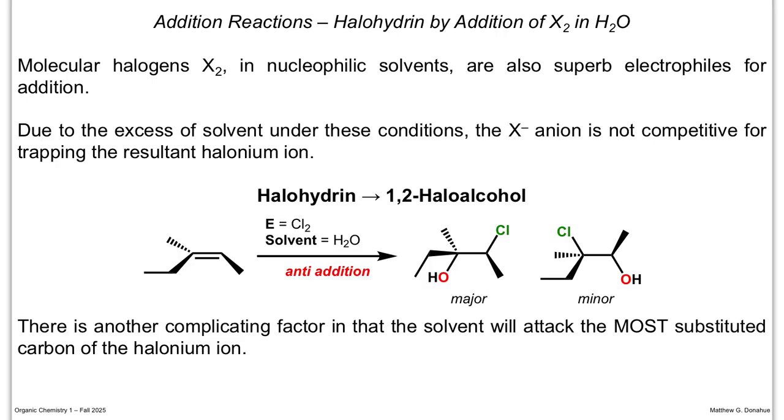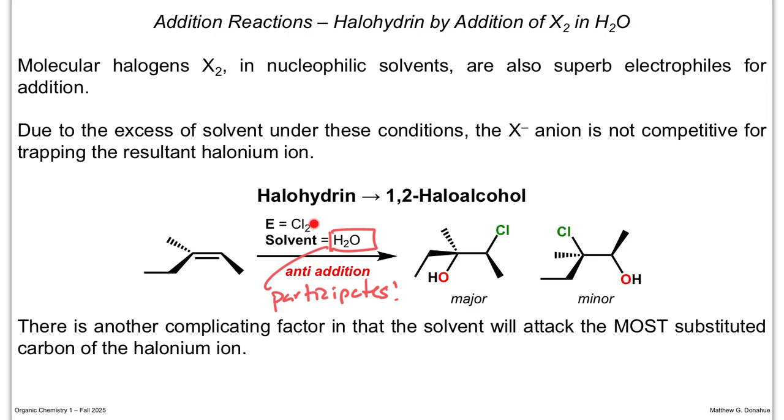So that was X addition in a non-participating solvent. What if you have a nucleophilic solvent, something that's protic, so either water or an alcohol? Now there's competition where the solvent can trap the carbocation intermediate. What you'll notice, we're running this in chlorine and then water, and you see the presence of water in the product as OH, so the water becomes an alcohol.